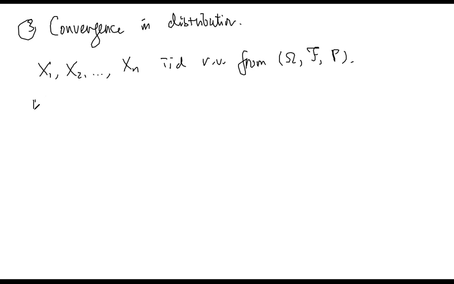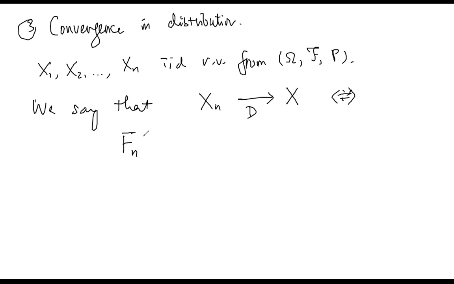So we say that your xn converges in distribution to x. We denote it like this if and only if Fn(x) is equal to F(x).